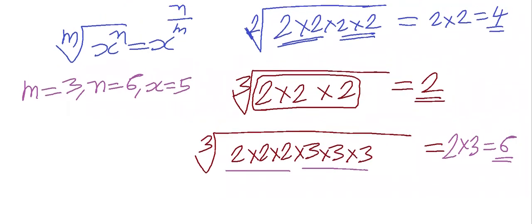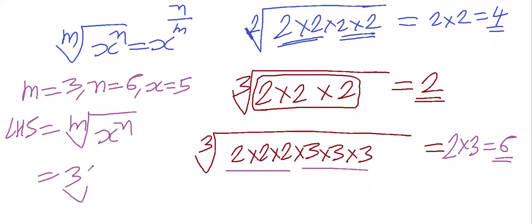Let's start from the left hand side. My left hand side is the mth root of x to the power of n. What is my m? m is 3. And what is x? x is 5. And what is n? n is 6.